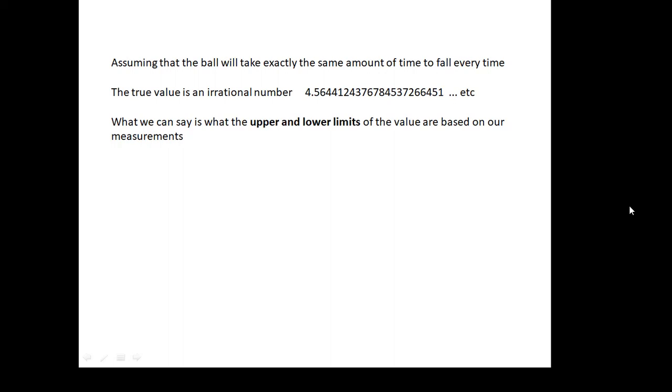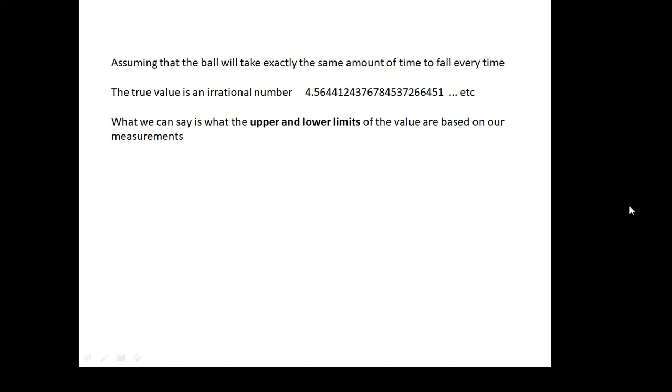Another factor is that the true value will be an irrational number. You know, it'll go on forever. There'll be an infinite number of digits, so you can't write it down. All we can really say is what the average of our measurements is, and what the upper and lower limits are.